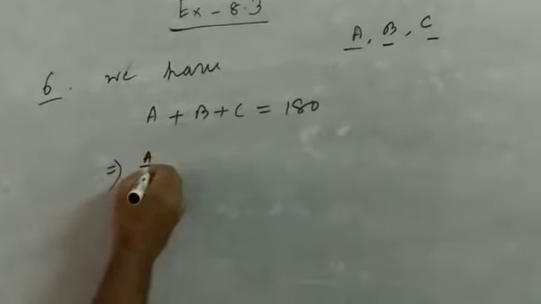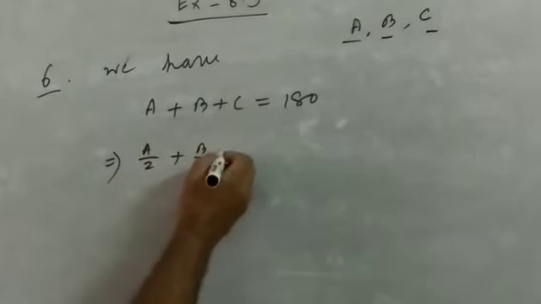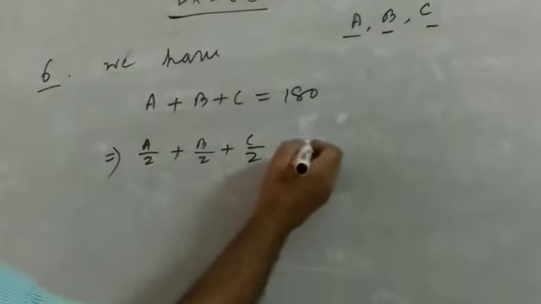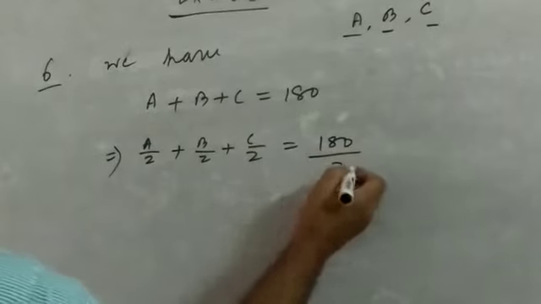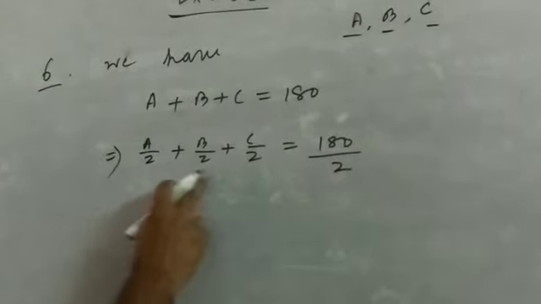So we can write A by 2 plus B by 2 plus C by 2, and on this side 180 by 2, meaning both sides divided by 2.